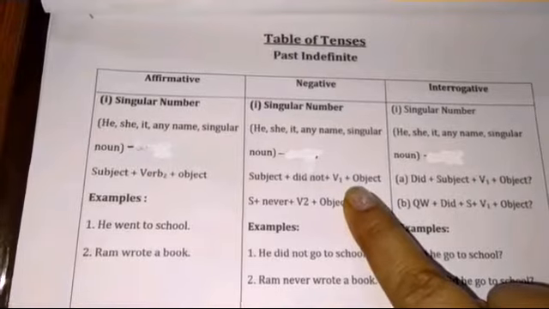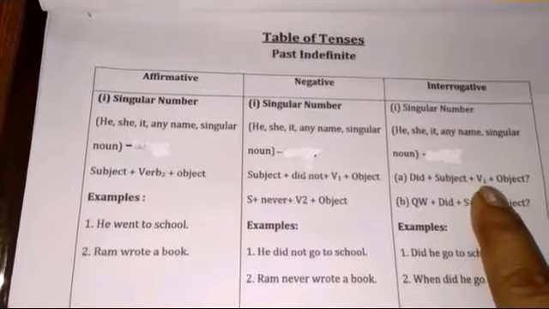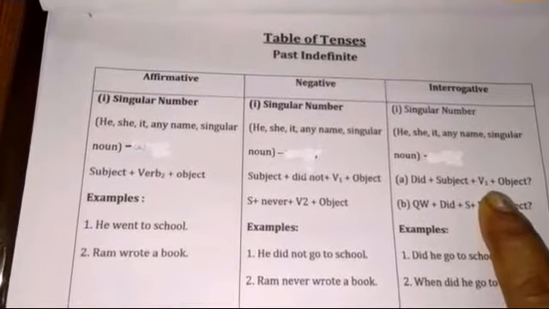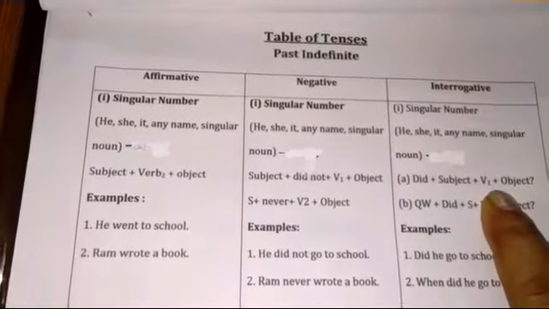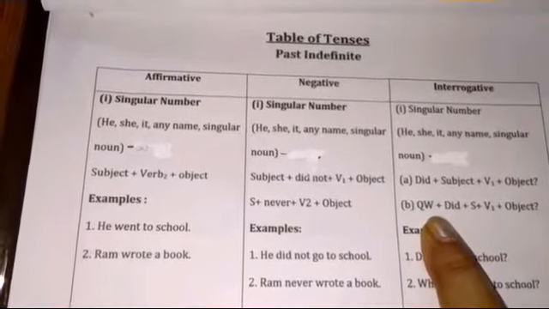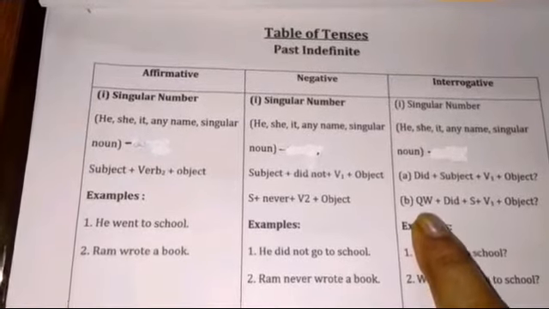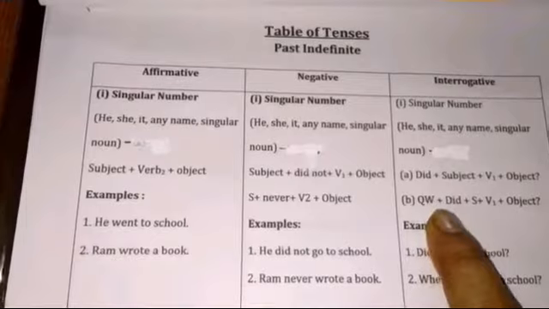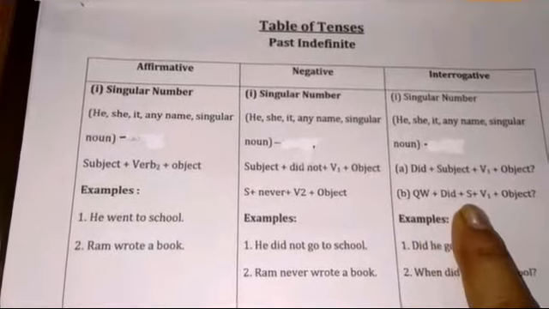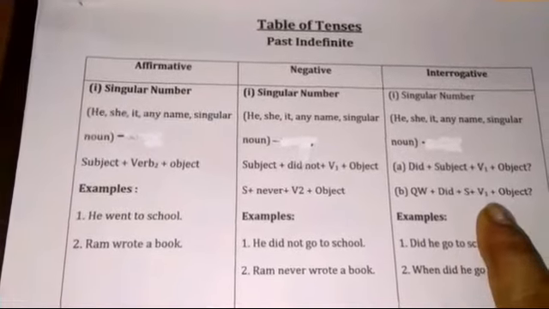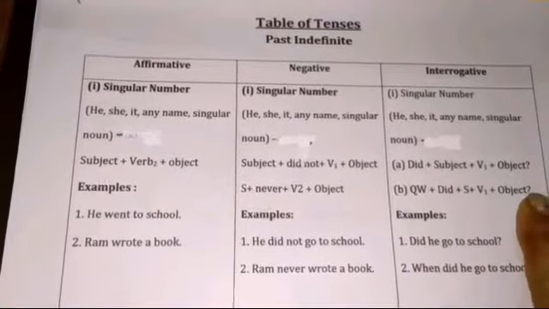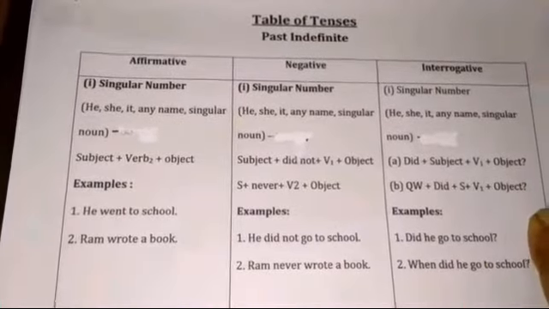In a negative sentence we use V first, and in an interrogative sentence we also use V first. Then the second type of interrogative sentence, question word question: we use first the question word, then did, then subject, then V first and then object and question mark.